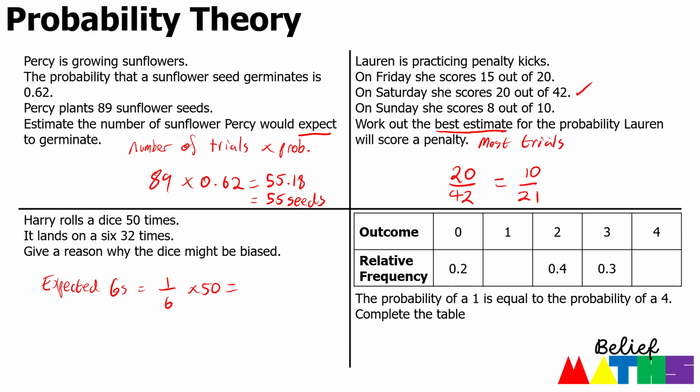And again, we know this will give us a bit of a weird decimal, but that's okay. We would expect 8.3 of those. 32 is significantly higher. So give a reason why the dice might be biased. 32 is much higher than expected.